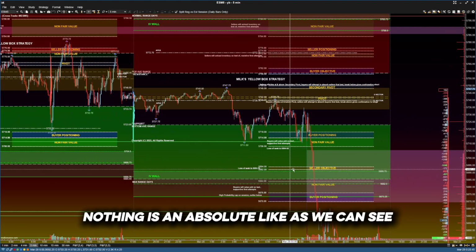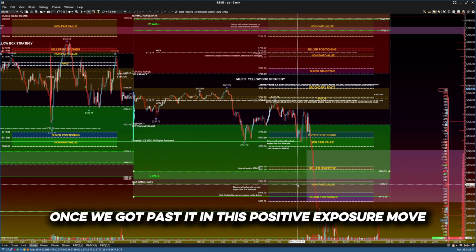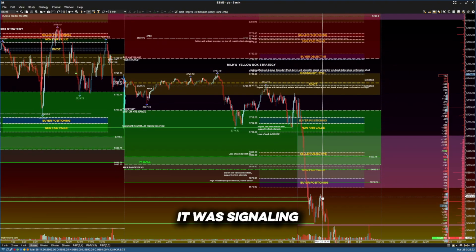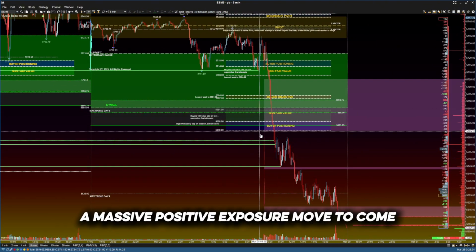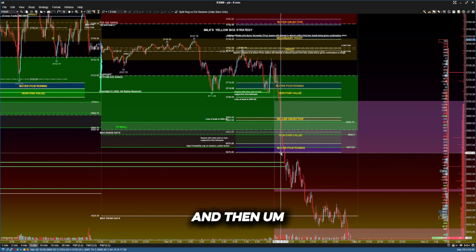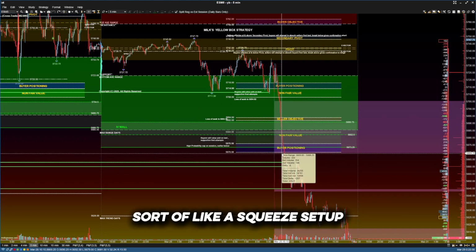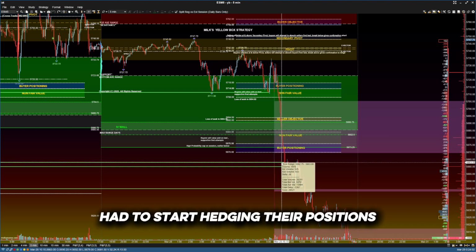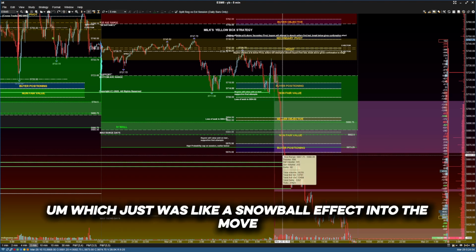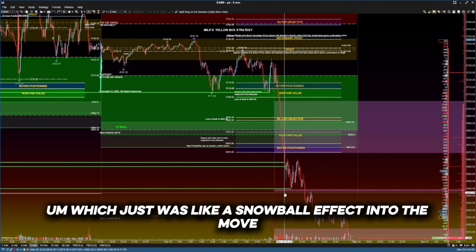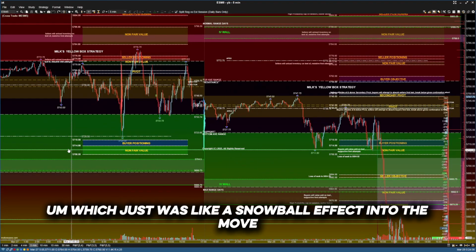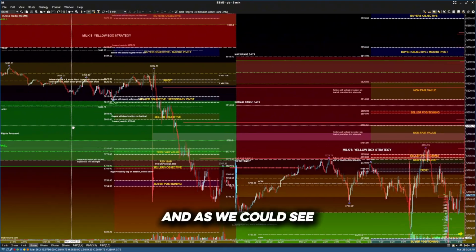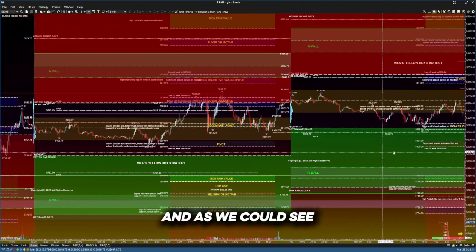Nothing is an absolute, like as we can see. Once we got past it in this positive exposure move, it was signaling a massive positive exposure move to come. And then sort of like a squeeze setup in a sense that market makers had to start hedging their positions, which was like a snowball effect into the move.